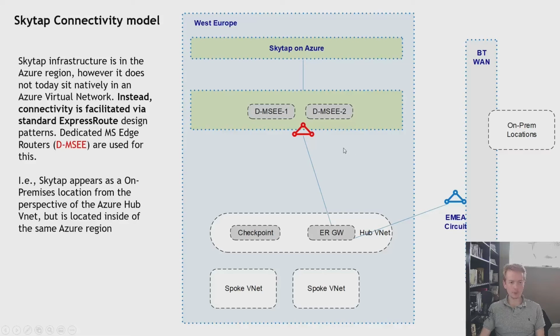So in this diagram here, we've connected the red Skytap circuit to the customer's existing ExpressRoute gateway. So the ExpressRoute gateway sees Skytap as a remote on-premises network and learns the routes via BGP, and from a network level, it doesn't understand that it's any different to a regular customer's on-prem network.